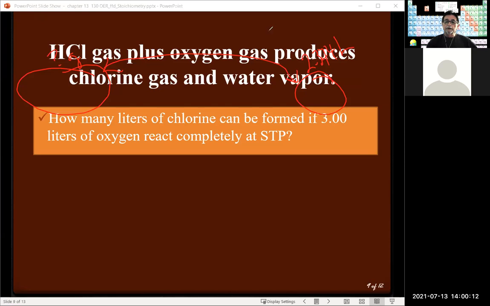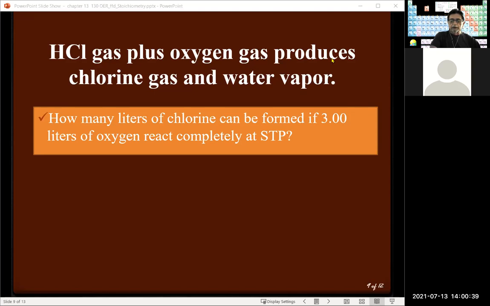Now, let me clear this out. Now, hydrogen gas plus oxygen produce chlorine gas and water vapor. So we've got to be a little careful here because chlorine gas is a poison. Okay, so we're given the reaction in words, and we need to convert that into an equation.